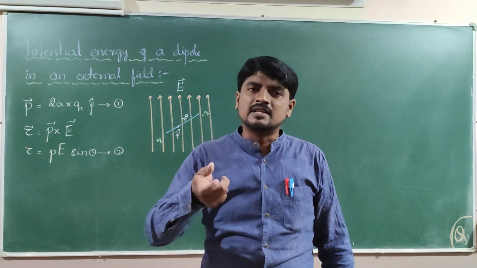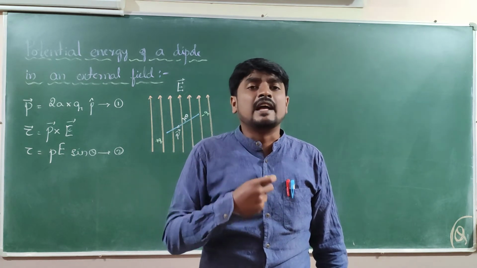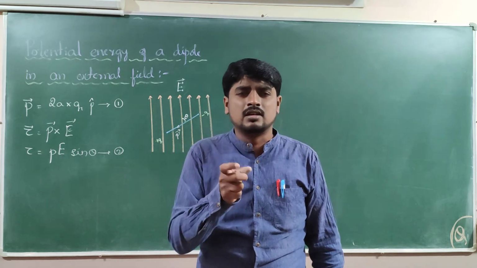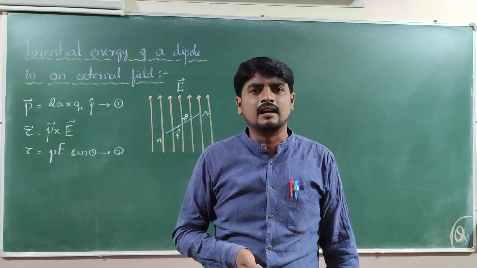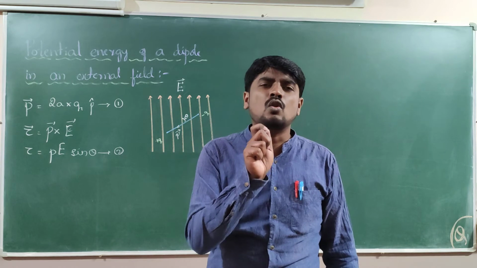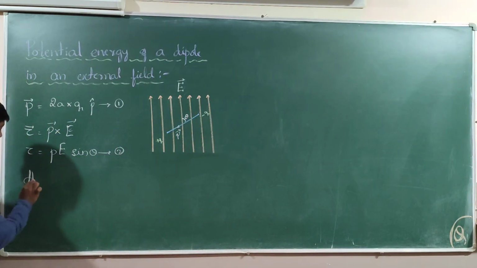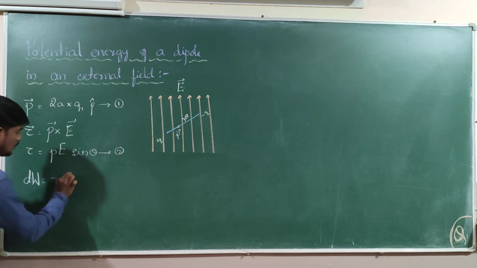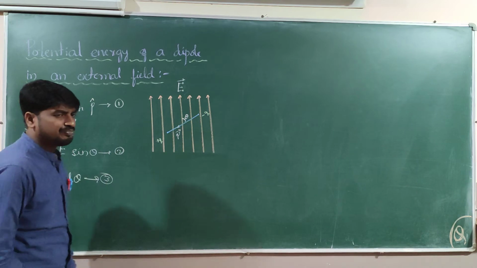That means instead of the previous angle, it changes. The external electric field exerts torque on the dipole and it rotates through a small angle, say d theta. At that time, a small work is done, and that small work done is given by dW is equal to tau into d theta. It's a very, very important equation, say number 3.